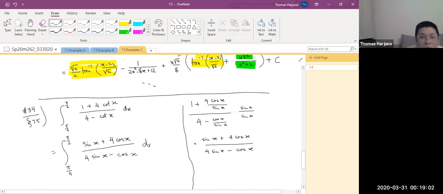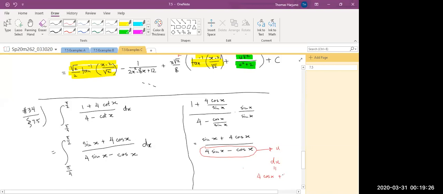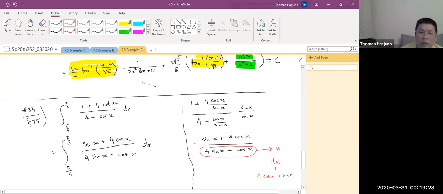Everybody okay with this? Now, what I didn't notice is this: if this were my u, what is my du? It'll be 4 cosine x plus cosine x plus sine x plus sine x dx, right?